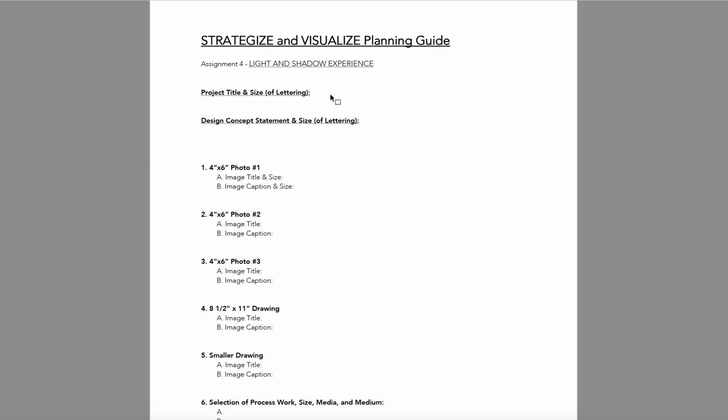So are they 1/4 inch? Are they an inch? Do they want to be 2 inches? Think about how big you want your letters to be in terms of the title, because then you'll also think about how big you want your letters to be in terms of the design concept, because they will be different sizes. One's a title and one's body text. And then also write your design concept here.